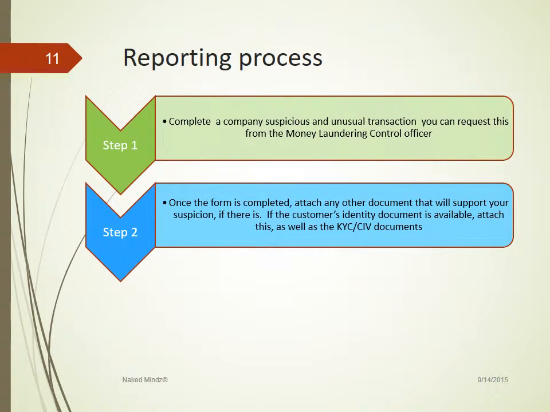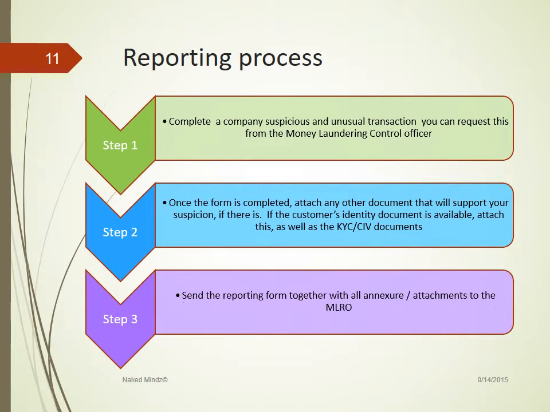Fill it in, add the details, and attach your IDs and your client identification documentation or your know your client documentation, and then send it off to your money laundering reporting officer, remembering that they have to get this report in very strict time frames. So do it as soon as possible, preferably the same day that you became aware of the transaction.